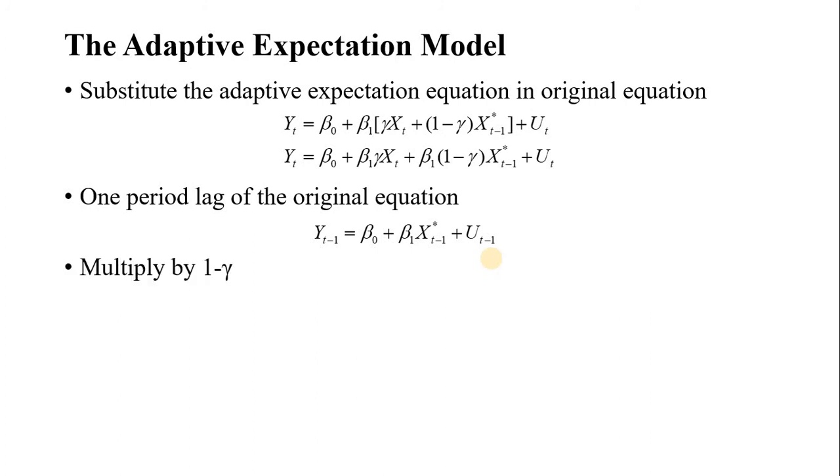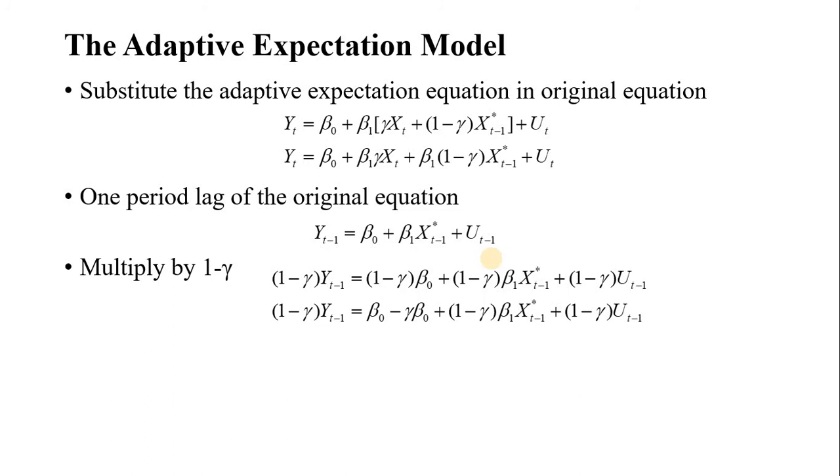Okay, now you multiply this equation with 1 minus gamma. Okay, so 1 minus gamma into yt minus 1, then 1 minus gamma into beta 0 plus 1 minus gamma into beta 1 x star t minus 1, plus 1 minus gamma into ut minus 1.